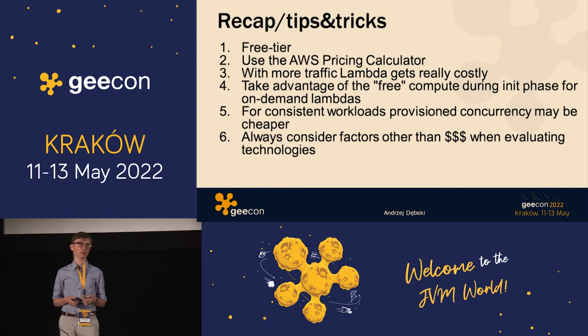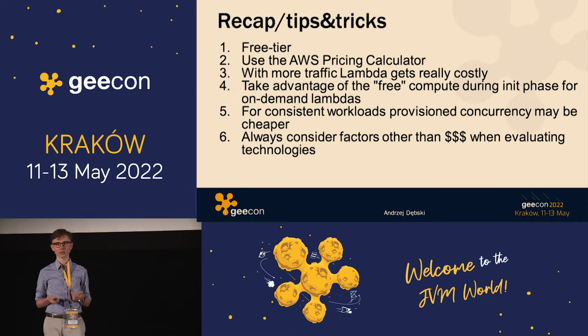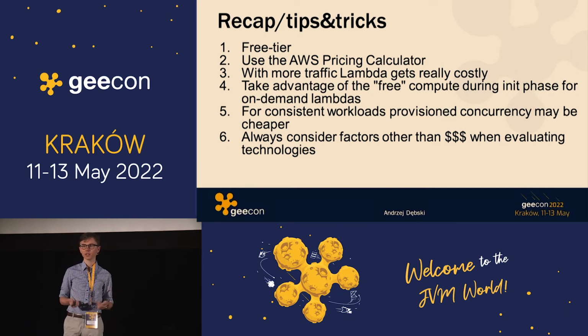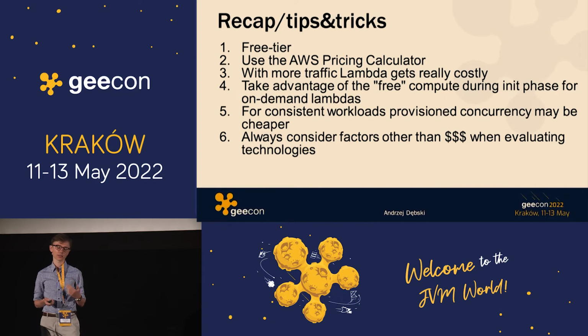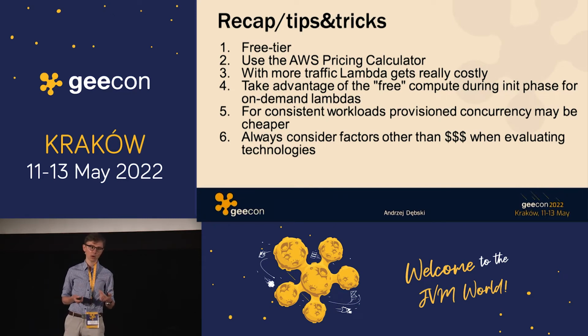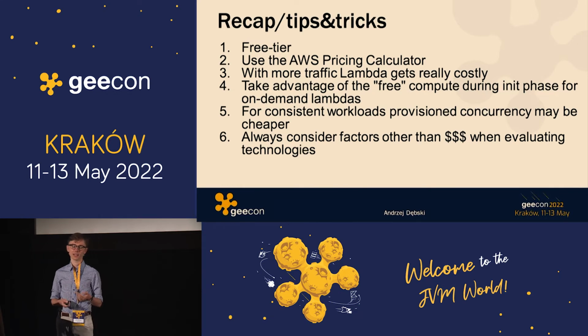Use AWS Pricing Calculator or some other tool to create cost estimates. Even if they're back of the envelope calculations with some simplifications, you'll at least have some idea how much a given architecture will cost you. As we've seen, with more traffic, Lambda can get really pricey.